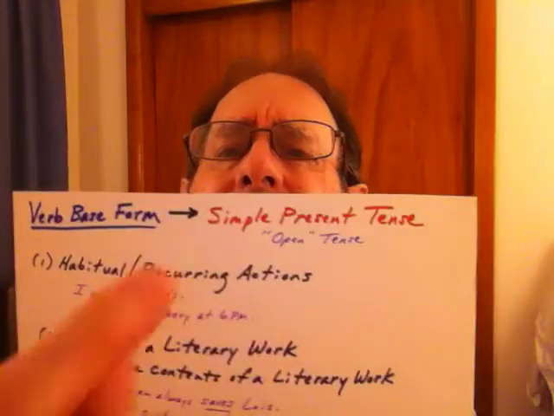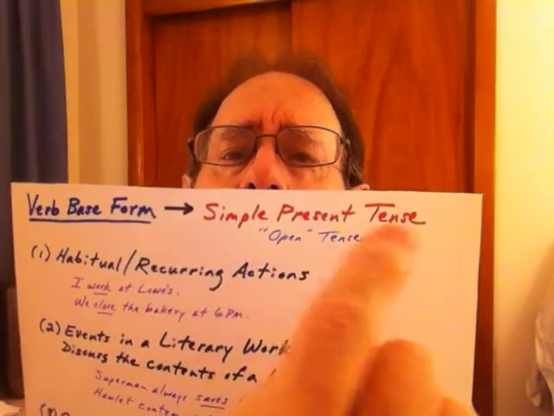Or you could say, I engage or participate in the act denoted by the verb, or you could say, I perform or carry out the act denoted by the verb. Okay, that sounds a little goofy, but let's look at the actual verb base form. That verb base form is used in the simple present tense.